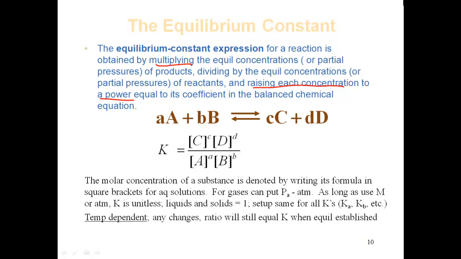So here's a generic equation. Small letters a, b, c, and d are your coefficients. Capital letters A, B, C, and D are your species. So basically it's your products over your reactants, each raised to their coefficient. You have the concentration of C to the small c, which is the coefficient of C, times the concentration of D to the small d, which is your coefficient of D, divided by the concentration of A to the small a, times the concentration of B to the small b.